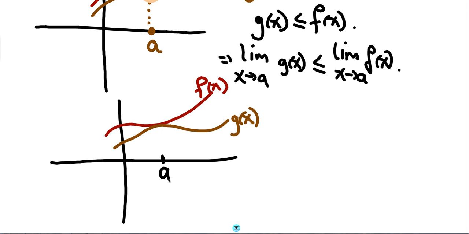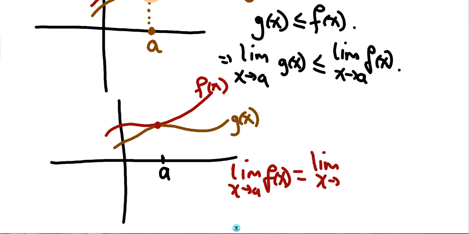And as we have squeezed them together, you now see that the limit is the same at those two points, right? So for this case, the limit as x approaches a of f of x is equal to the limit as x approaches a of g of x, which is some value L.